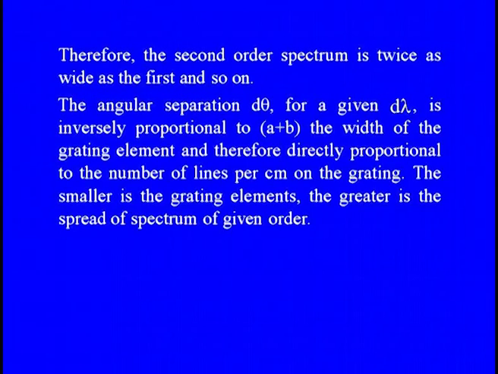The angular separation d theta for a given d lambda is inversely proportional to (a + b), the width of the grating element, and therefore directly proportional to the number of lines per centimeter on the grating. The smaller the grating element, the greater is the spread of the spectrum of a given order.